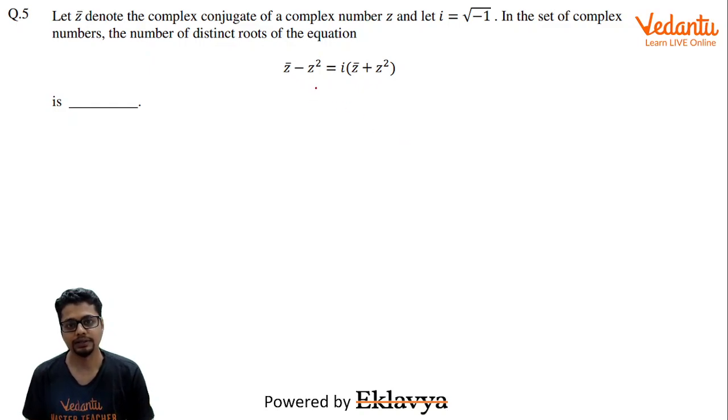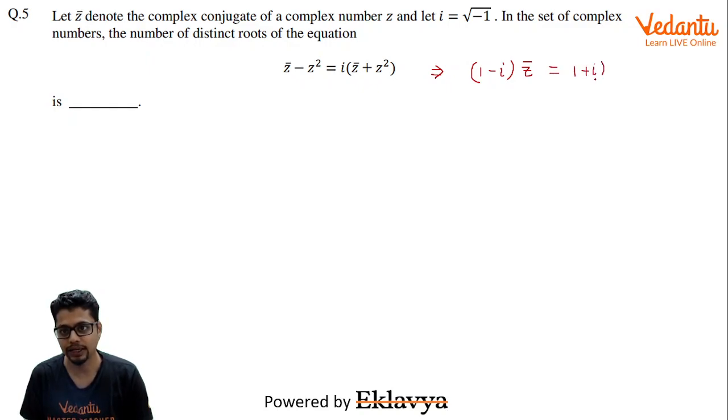One way is seeing that z bar and z square are involved. Maybe we can take all z bar terms on one side and z square terms on the other side. So here you may say 1 minus iota times z bar is equal to 1 plus iota times z square.